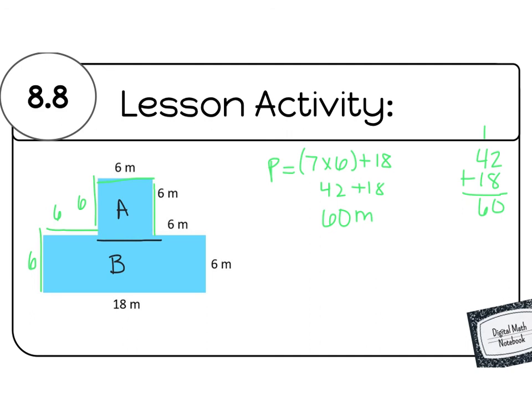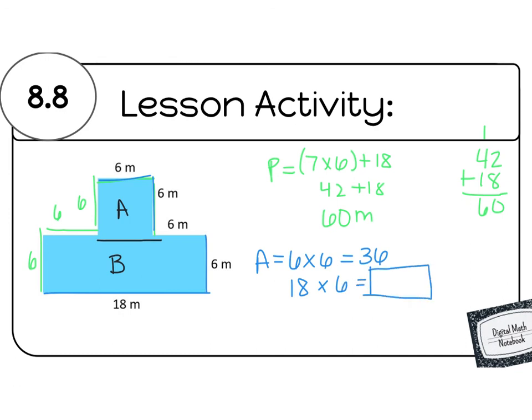The area of rectangle A is going to be 6 times 6, and 6 times 6 equals 36. And then rectangle B is going to be 18 times 6. I'm going to stop here and let you figure out this box.